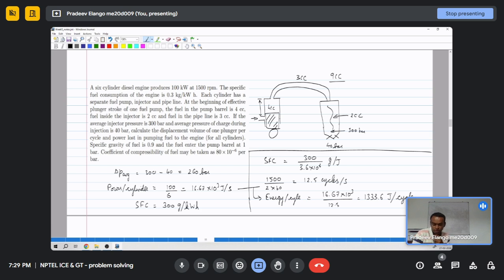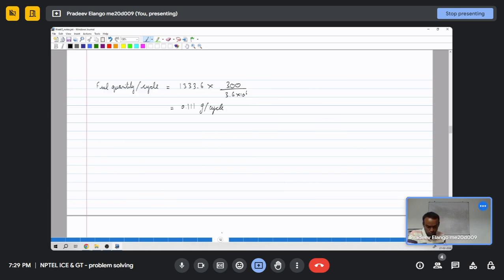Now specific gravity is given, so we can calculate the quantity of fuel in terms of cc. Specific gravity is 0.9. That means density is 0.9 gram per cc. So fuel volume per cycle is equal to 0.111 divided by 0.9.